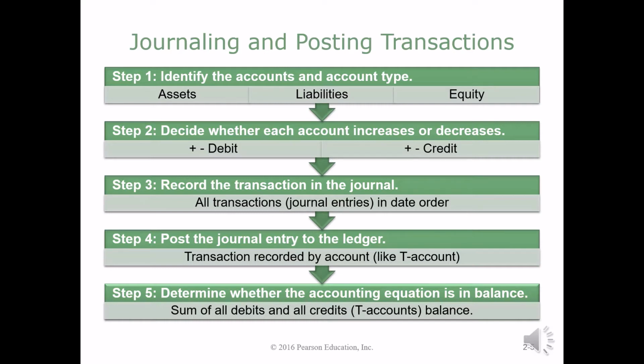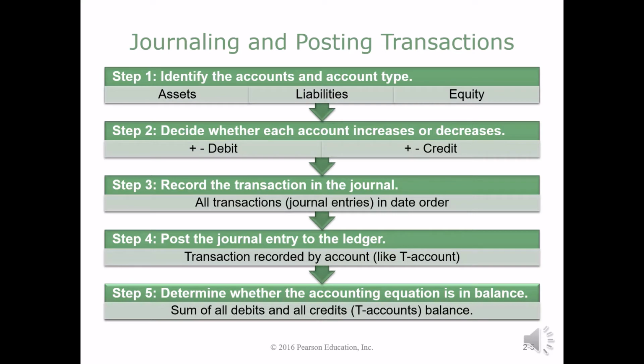Step 2, we need to decide whether each account that's being affected, and we always have at least 2 accounts affected, is increasing or decreasing. So if it's a normal balance of a debit, we're going to be debiting that account in order to increase it.